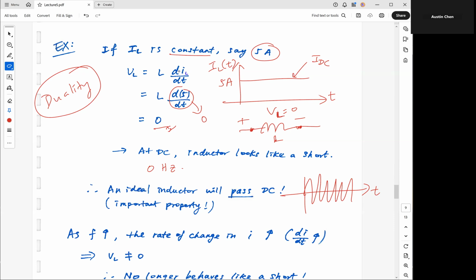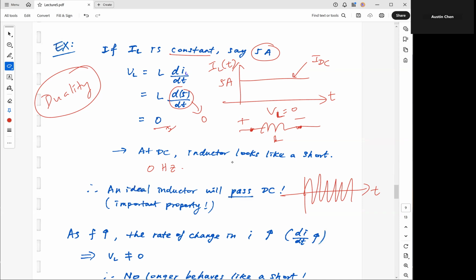So when F goes up, this d IL over dt goes up, which tells you that it's no longer equal to 0. That means VL has to be equal to something other than 0. That is the reason why, if you look at this equation, it's only when the inductor is used at DC that it can behave exactly like a short.